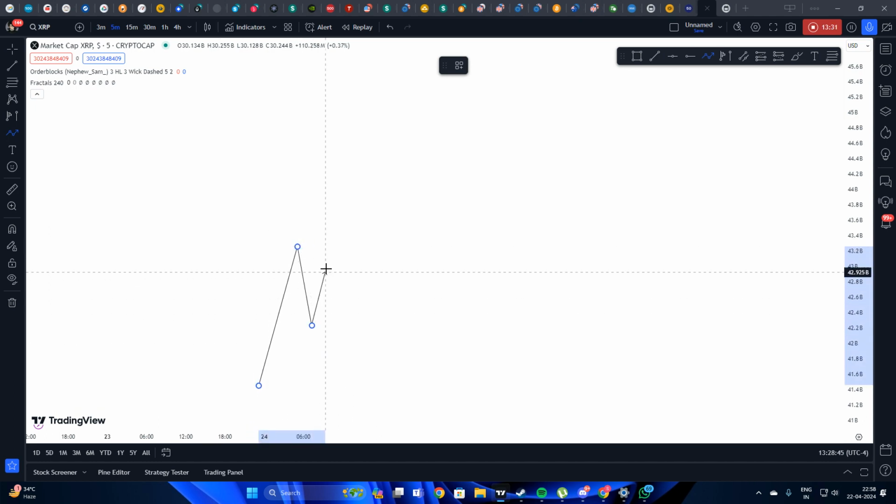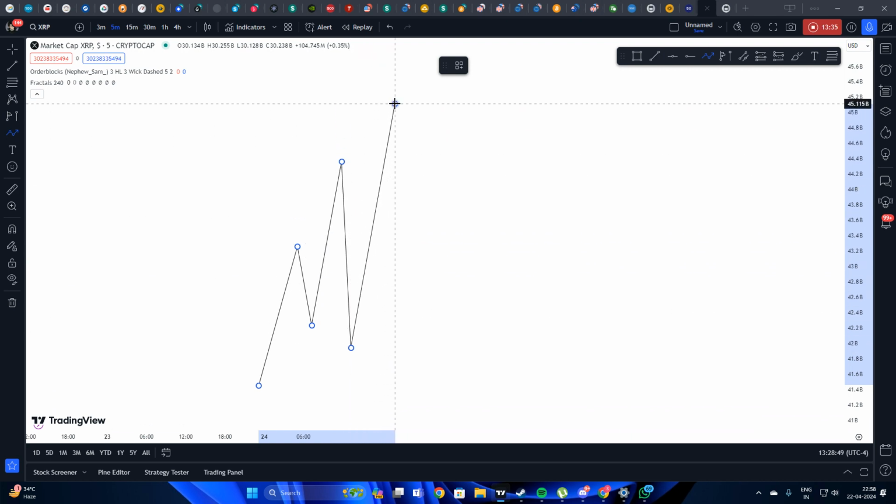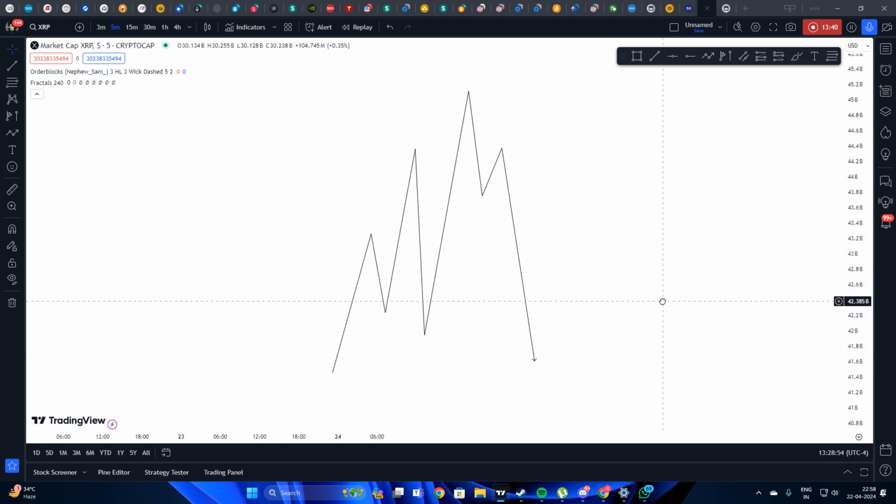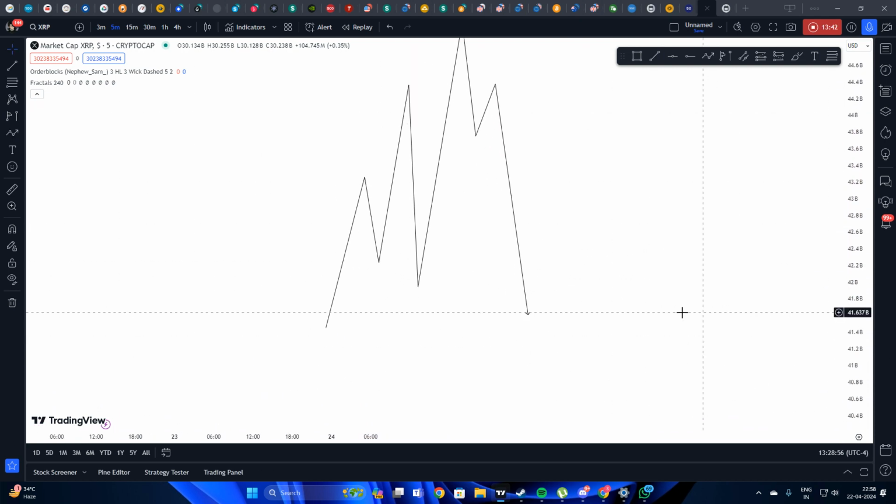Let's say the market was moving in a bullish manner. Now, how do we exactly trade this market?